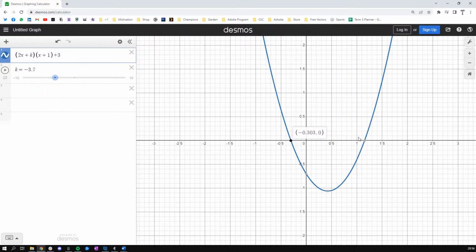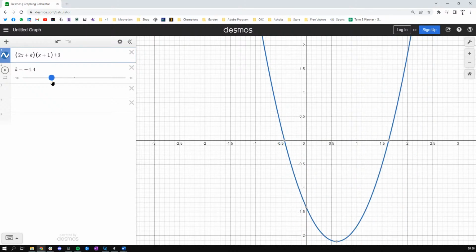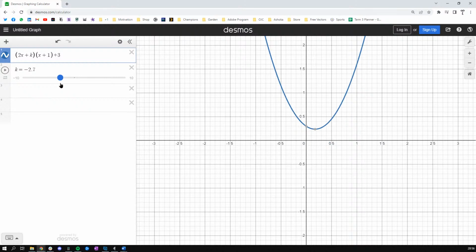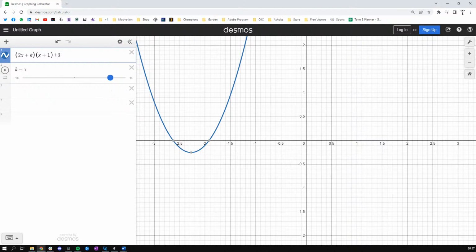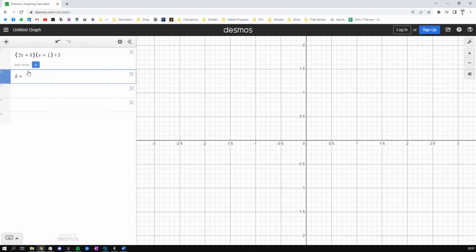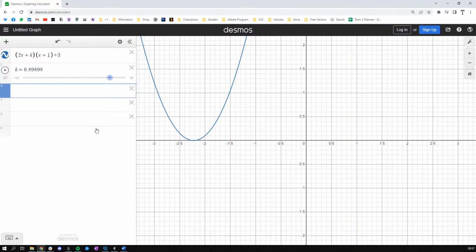There's solution 1, solution 2, and still two solutions, but then when k is equal to negative 2.9, there's one solution, and then there's no solution, and it comes around later, right about there, when k is equal to 6.8989. So there you go, it has that one extra solution.